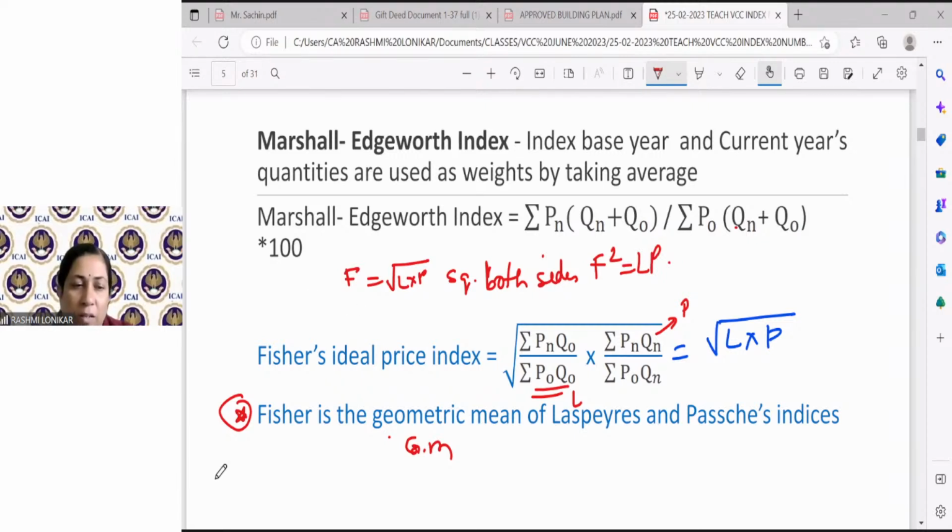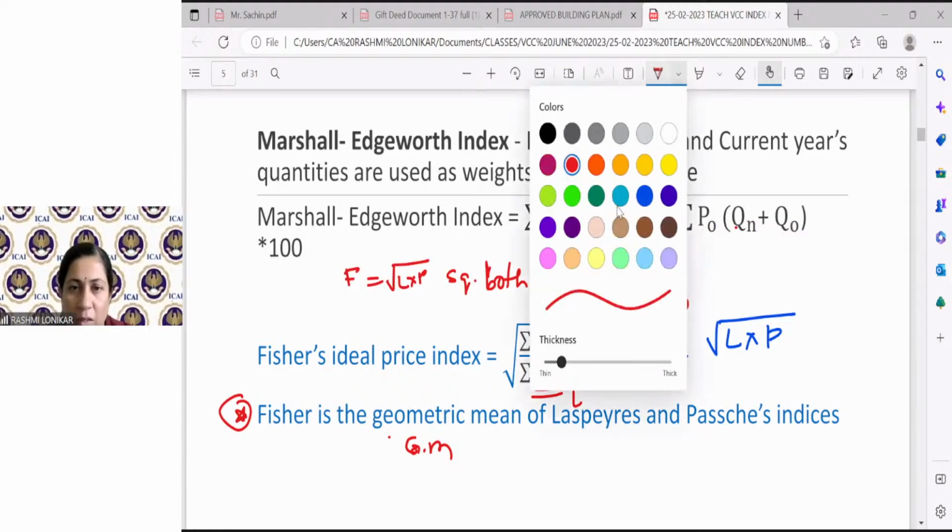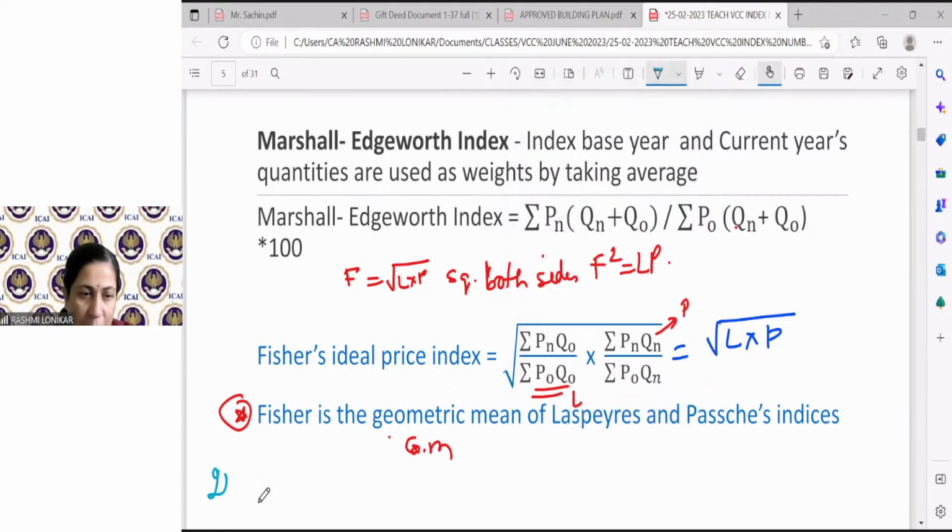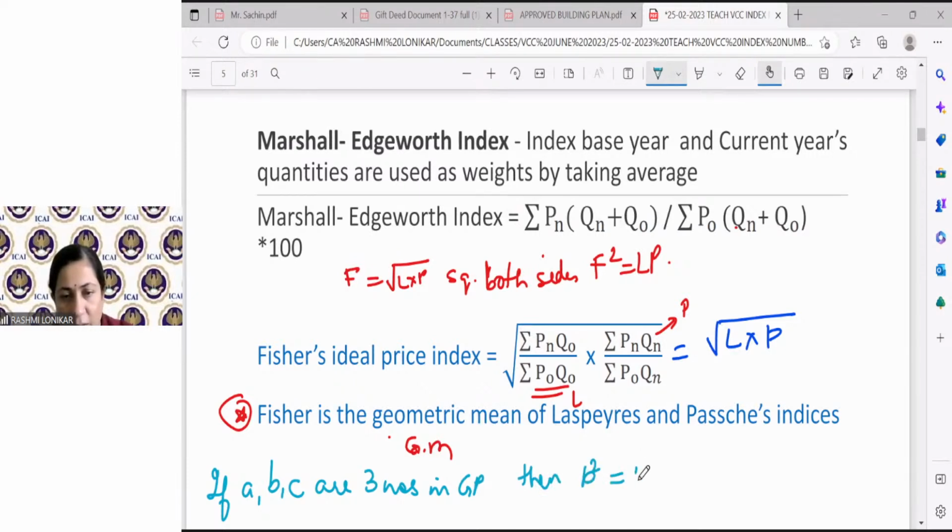This is similar to what we did in the chapter of means. So we said that if A, B, C are three numbers in GP, geometric progression, then B square will be equal to AC. Okay.